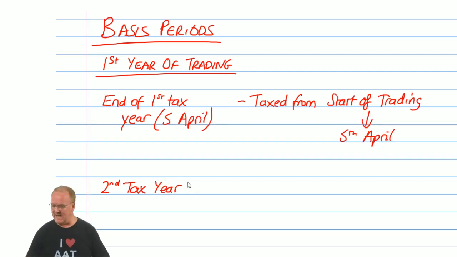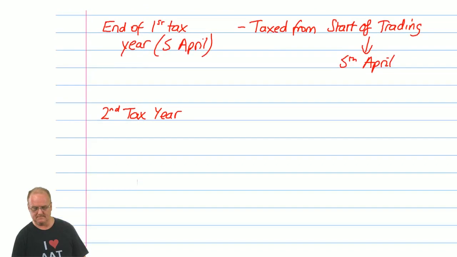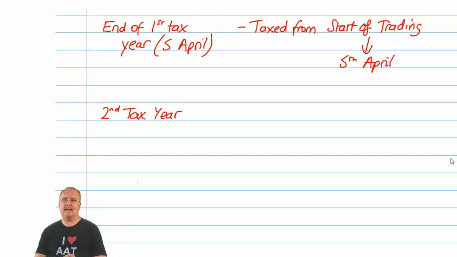Then the second tax year happens. And the taxman wants some more money from you. What happens in year 2 is where it gets a bit complicated.